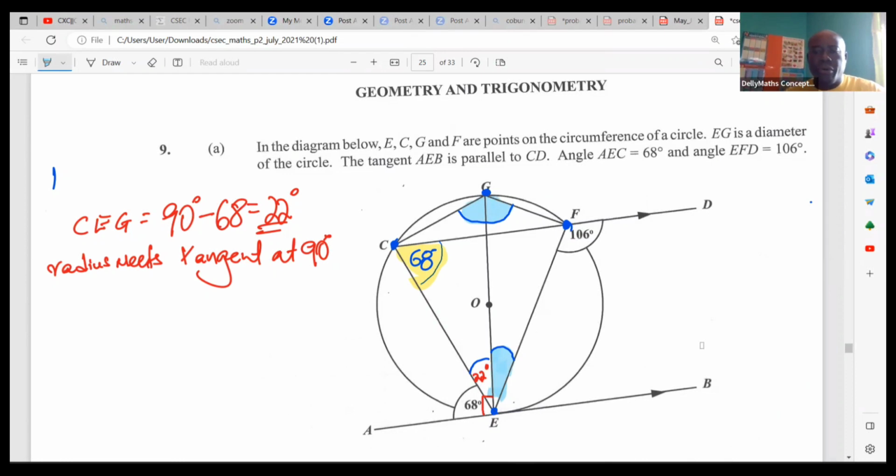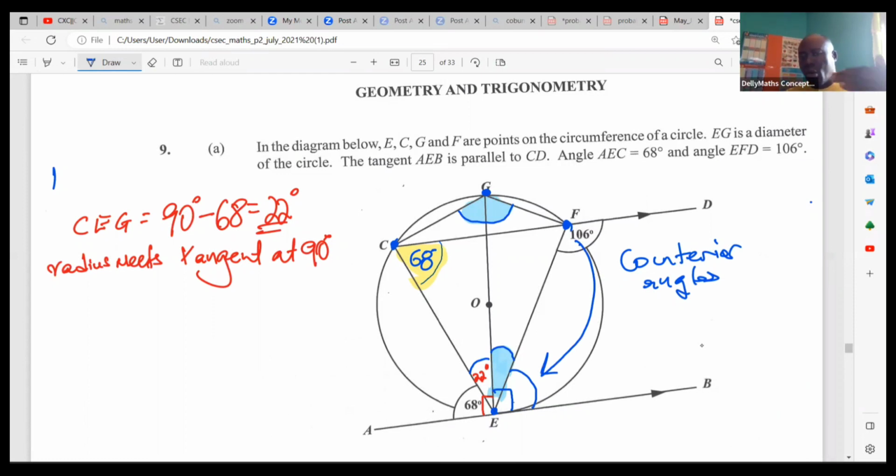Now, we want to find this angle, but we have a nice clue here to help us. Remember again that radius meets tangent at 90, so all of this angle here is 90 degrees. However, this piece on the outside here, we could quickly find by utilizing co-interior angles. Co-interior angles add to give 180 degrees, which means this 106 and this angle are co-interior since these two lines are parallel.